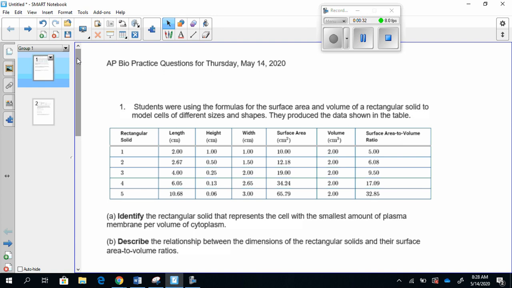All right, students were using the formulas for the surface area and volume of a rectangular solid to model cells of different size and shapes. They produced the data shown in the table.